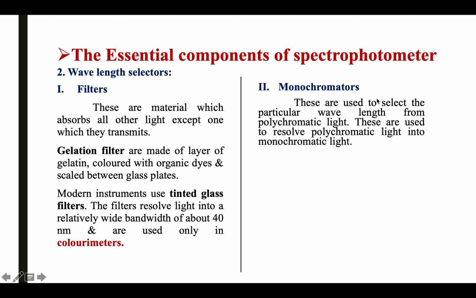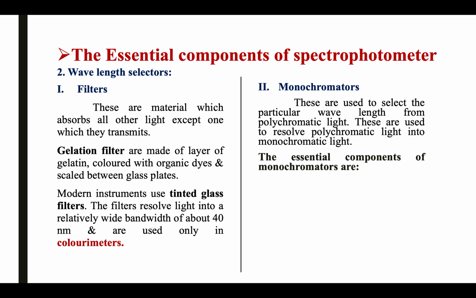These are used to select a particular wavelength from polychromatic light, that is, to resolve polychromatic light into monochromatic light. Your source is always polychromatic, so it has various wavelengths, and only one kind of light is going to be resolved. That's how it works.